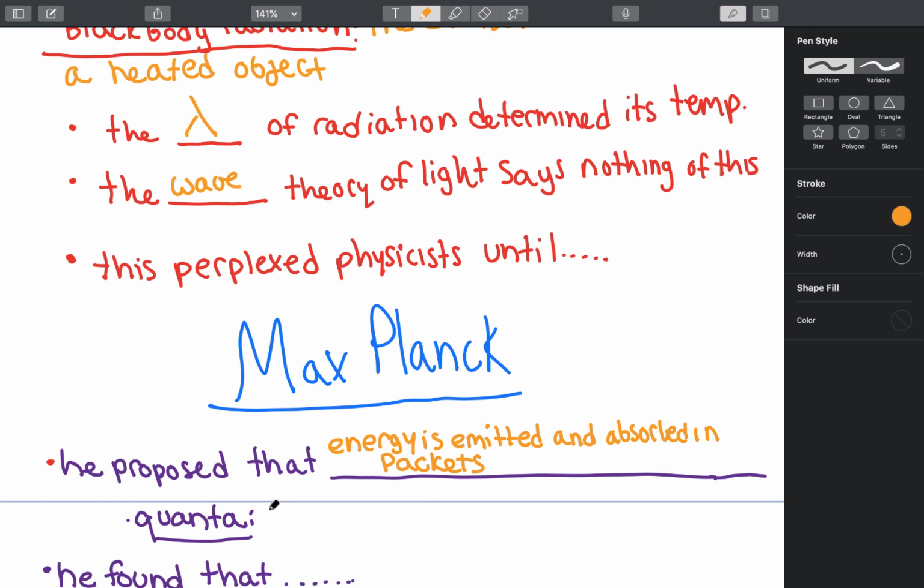So quanta are the smallest amounts of energy that can be emitted or absorbed.